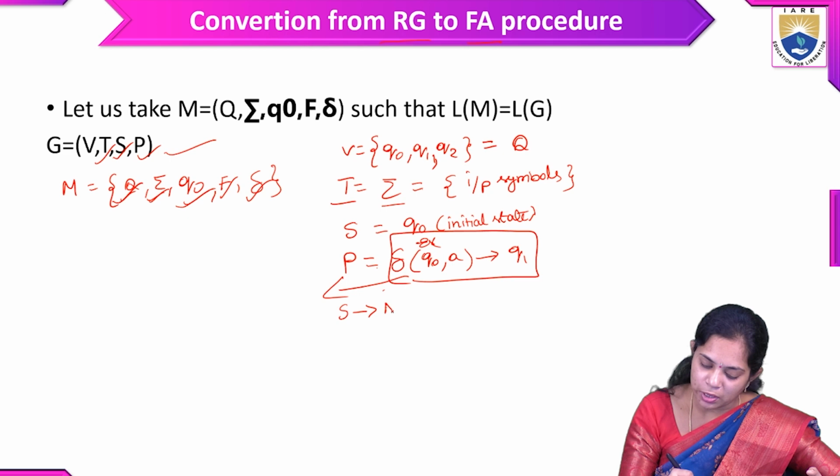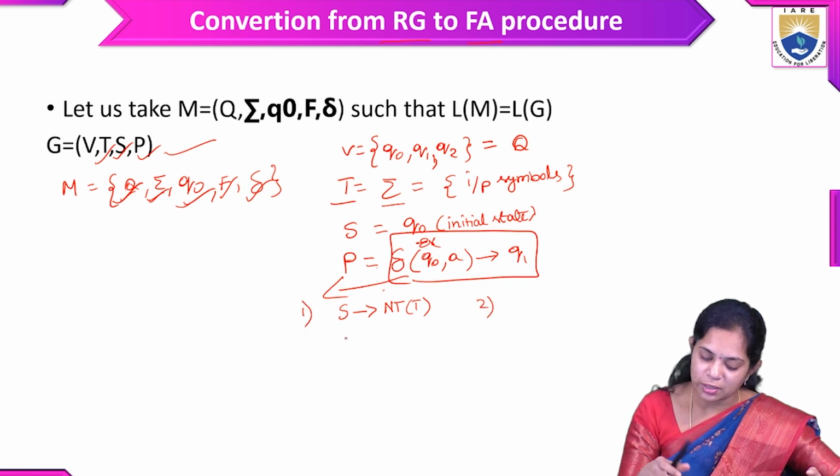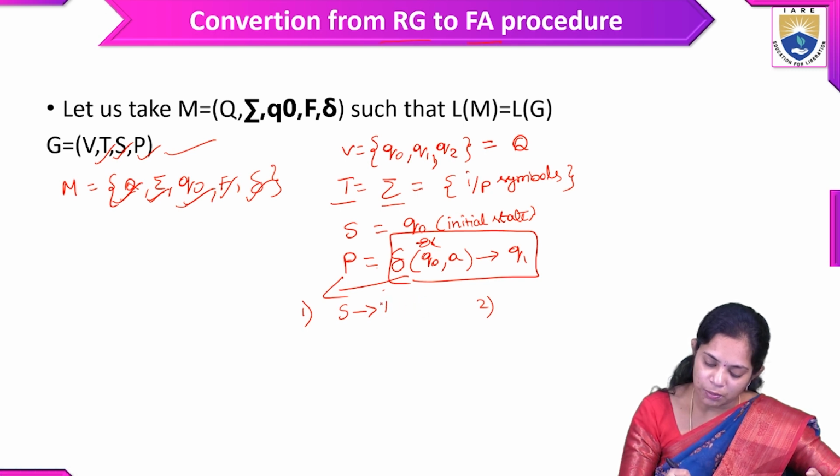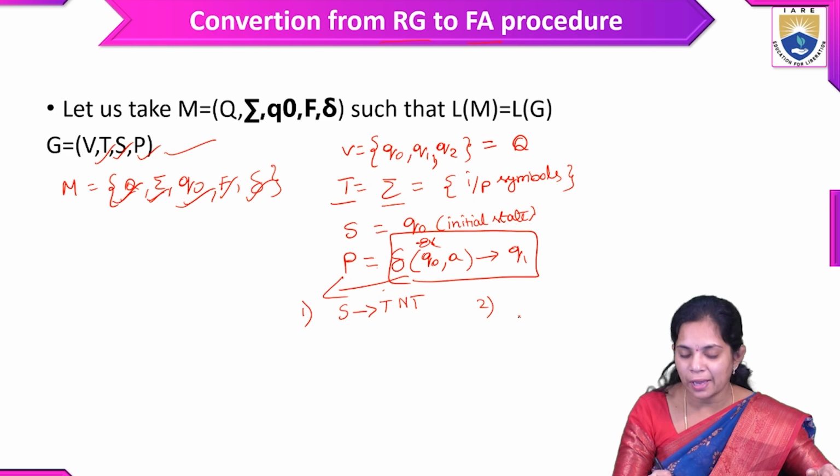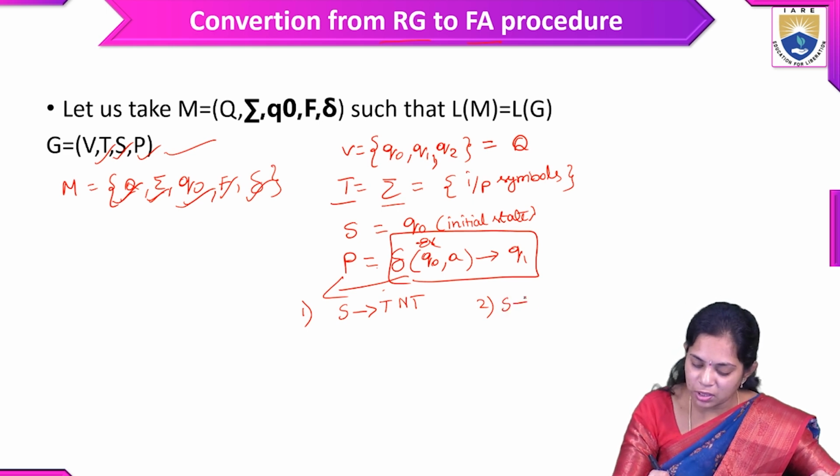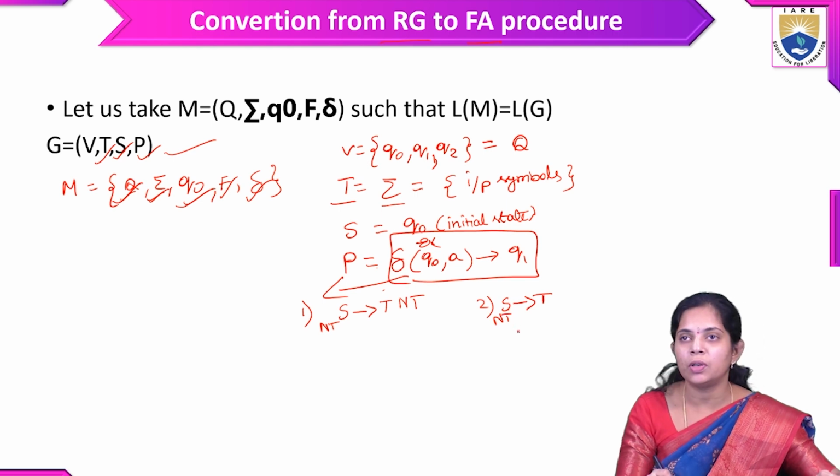To form productions, we have 2 cases. One is a terminal followed by a non-terminal. The other case is the production having only a terminal, so S tends to only a terminal. S is also a non-terminal.